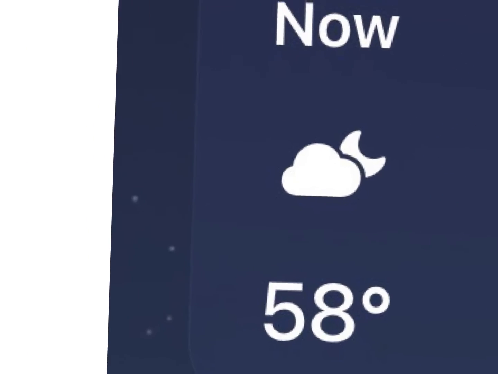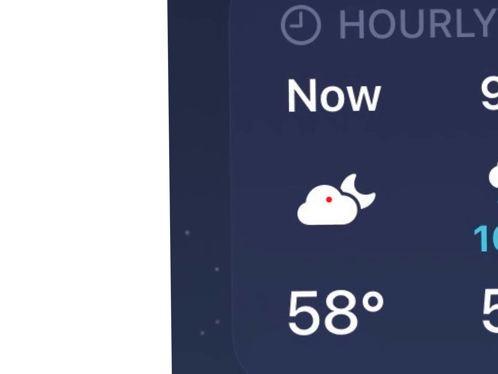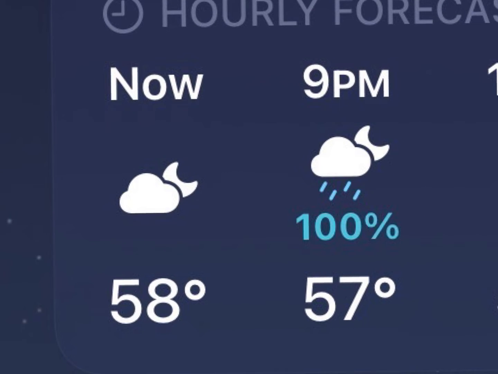Right here, right now, at 8:19, it's cloudy. And then at 9 o'clock, it says 100% chance of rain. That's not right, because who knows? That's absolutely wrong. There's no way that it could be 100% chance, because that's saying that for sure it's going to rain.